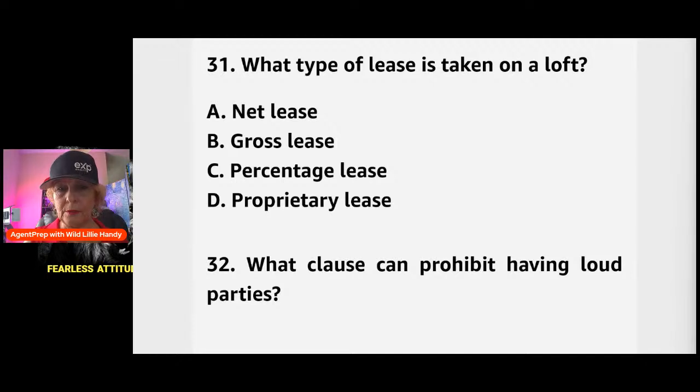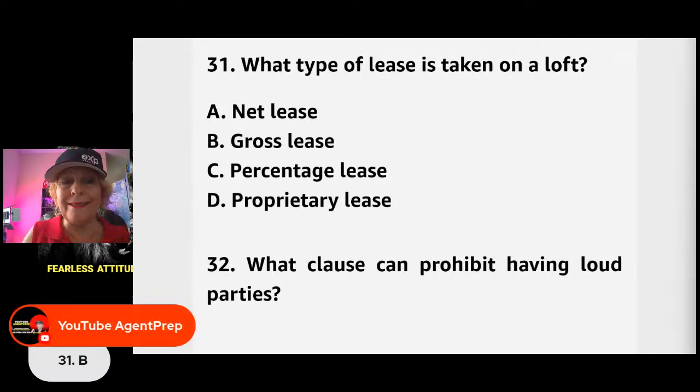So a gross lease includes everything. Just like you get your paycheck, you have the gross amount from your salary, and then they deduct the expenses. A gross lease is a lease where a flat fee is paid. It includes rent and other fees such as taxes and insurance.